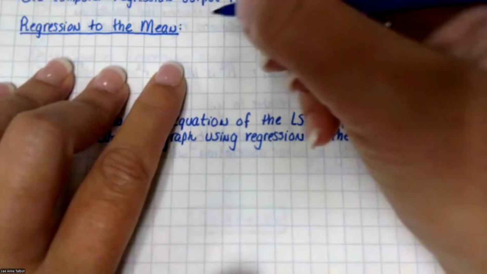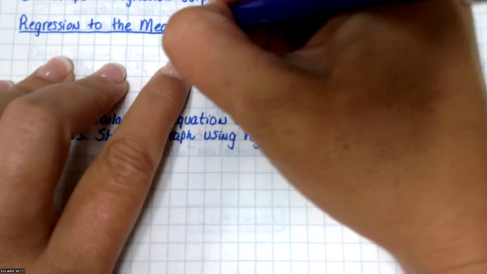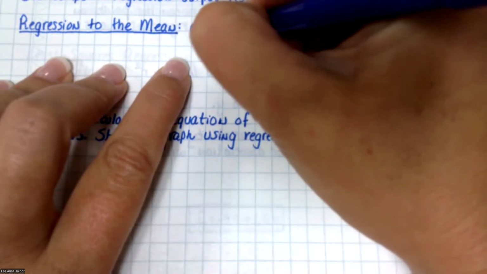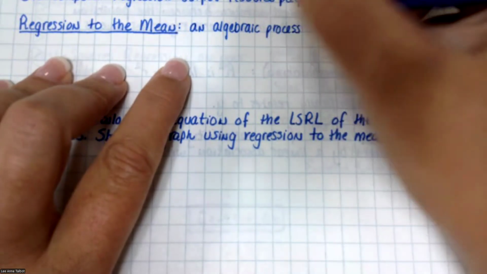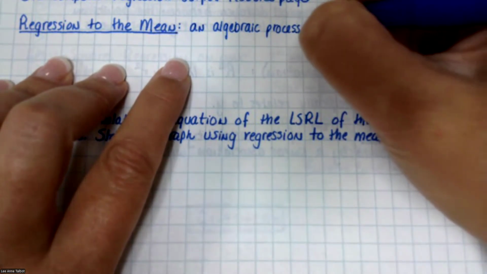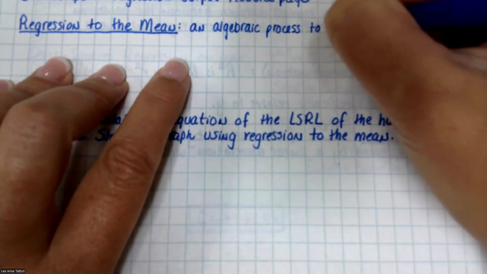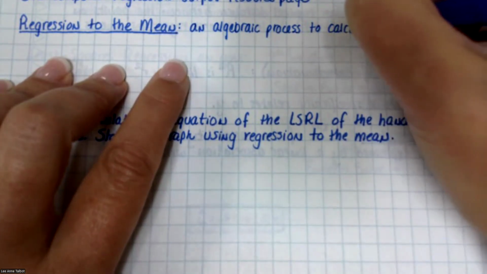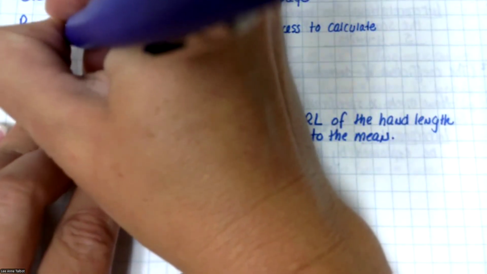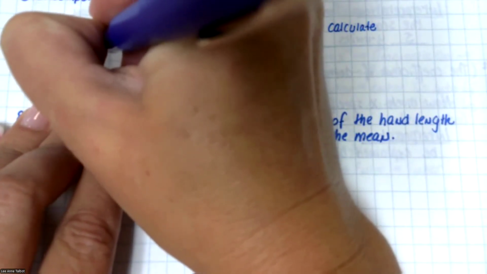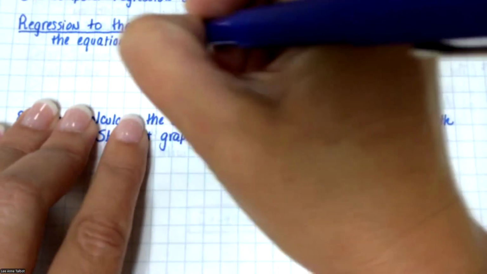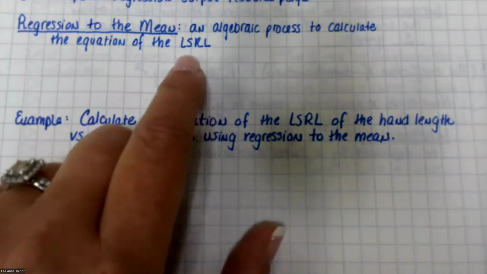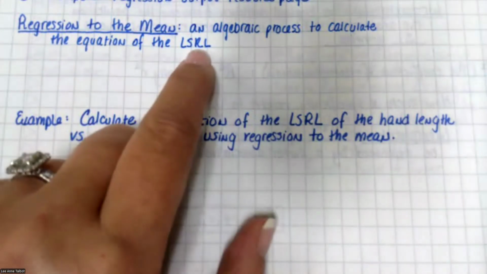But regression to the mean is an algebraic process to calculate the equation of the LSRL. Do you guys know what that is? Least squares regression line.